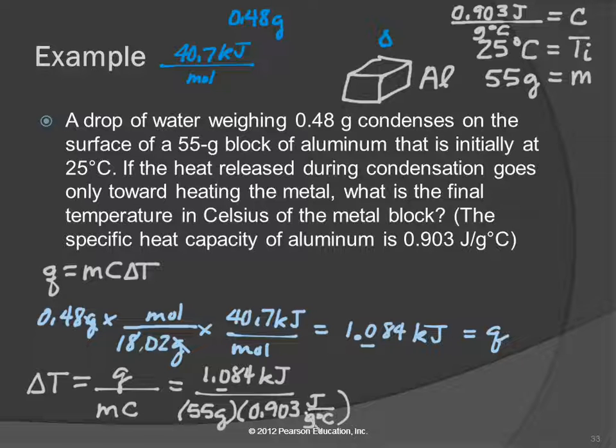Grams cancel out. Do kilojoules and joules cancel out? No, they don't. So what I'm going to do is I'm going to replace kilo with what kilo means. What does kilo mean? 10 to the third joules.